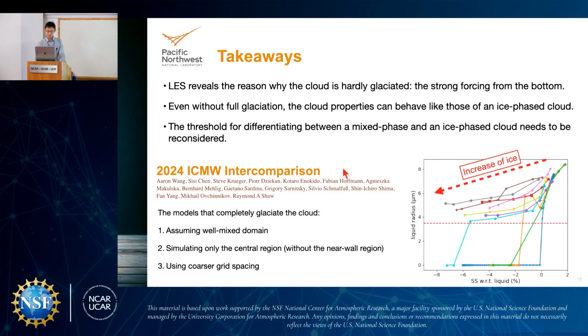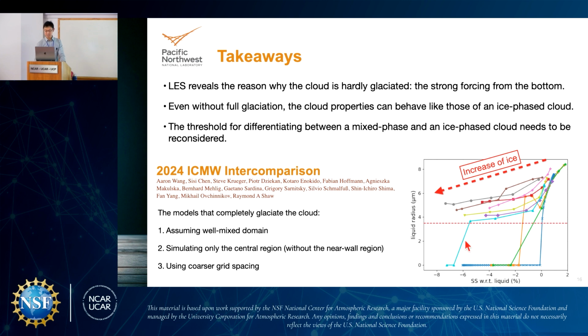And here I want to briefly share our 2024 ICMW intercomparison case, where we use a lot of different models to simulate this case. And we found that there are some more models that also result in full glaciation, including the bulk model, DNS, and stochastic model, where they only simulate the central region, so they didn't capture the near bottom region.